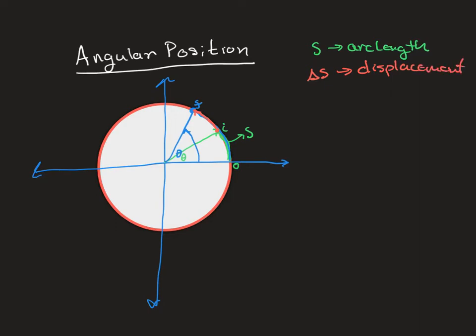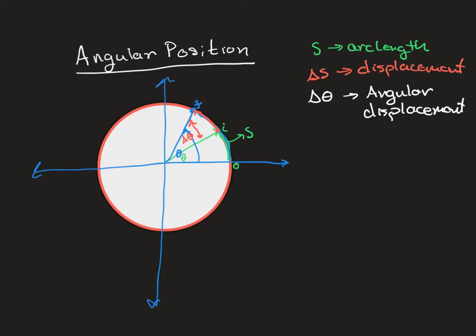Or we would have angular displacement. So this would be your angular displacement, your delta theta.